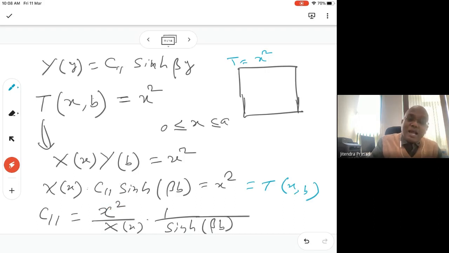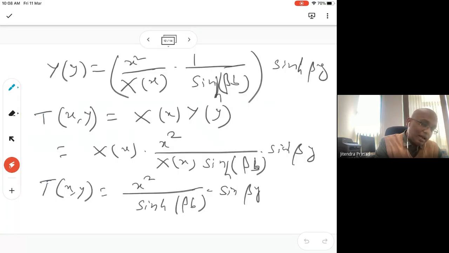Basically, this is not the right way of doing it. If you put it here, this will be like this.